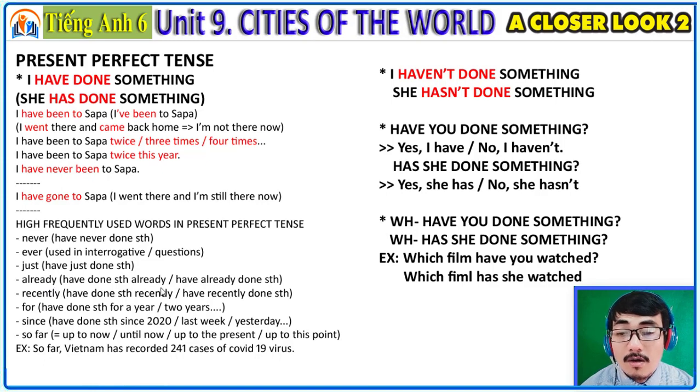Already done, or done already. For example, I've already eaten lunch. I have eaten lunch already. That kind of thing. Okay. Recently, same. For. Be careful with for. I have lived here for 20 years.